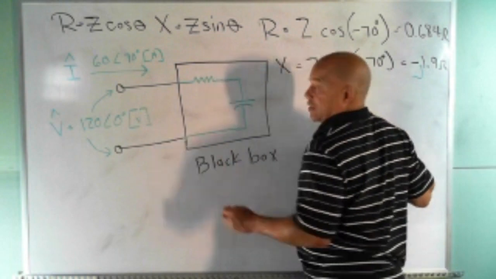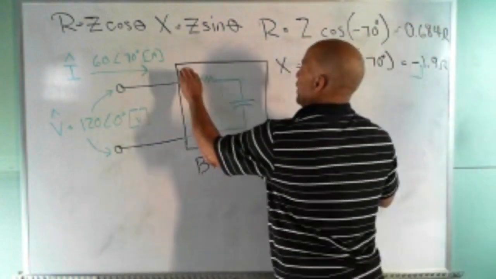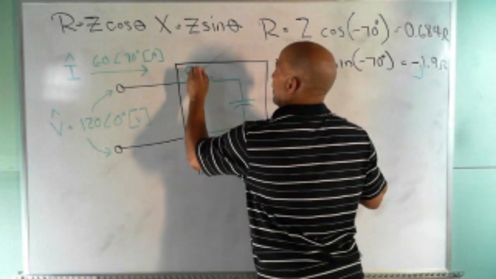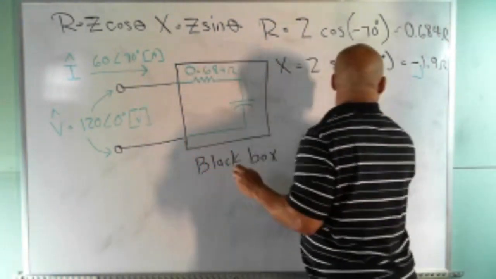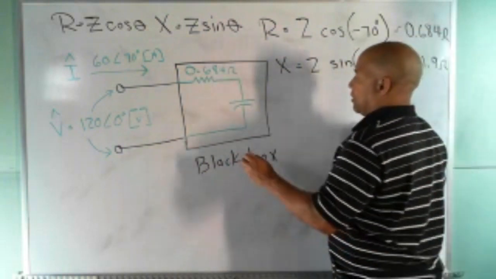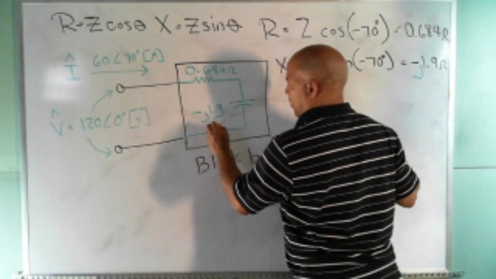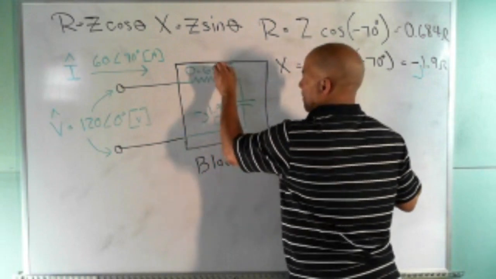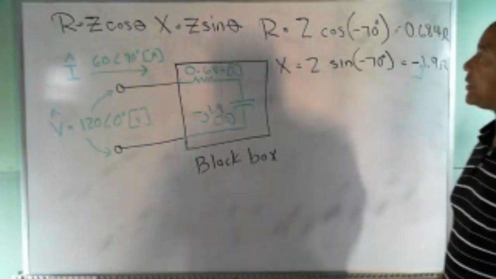So that's the simplest series circuit you can have. The value would be 0.684 ohms for that, and then for this, minus j1.9 ohms for that. So that's how you tell what's in the box, the black box.